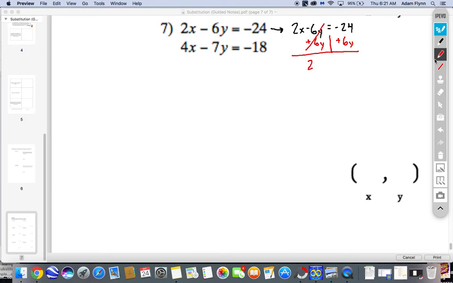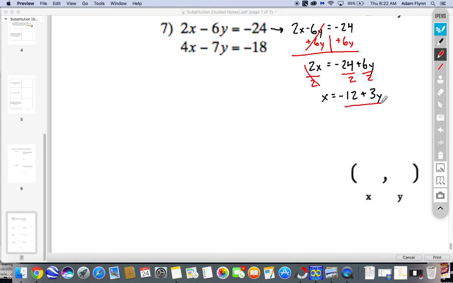So I get 2x equals negative 24 plus 6y. Or if you had 6y minus 24, it's the same thing. I will divide everything by 2. The 2's cancel on the left. So I end up with x equals negative 24 divided by 2 is negative 12, and 6 divided by 2 is going to be a positive 3y.